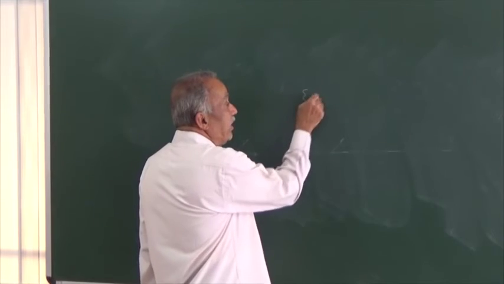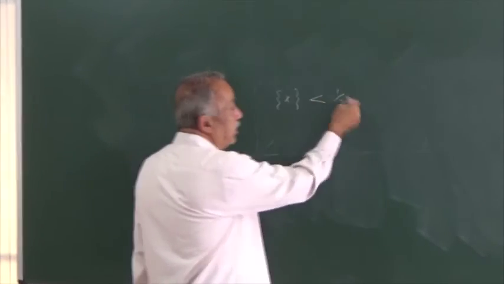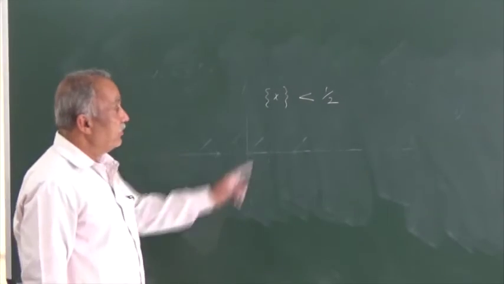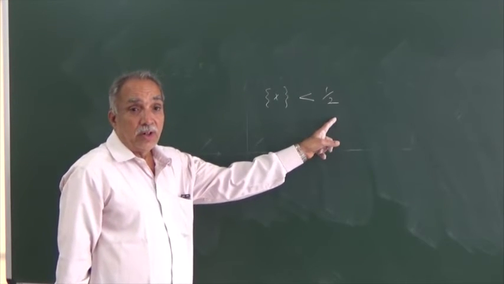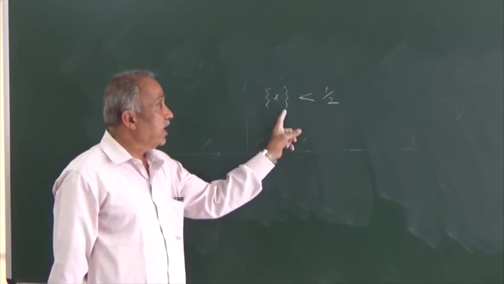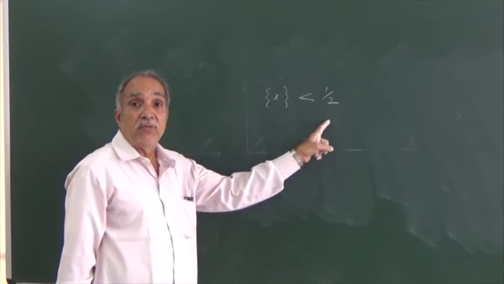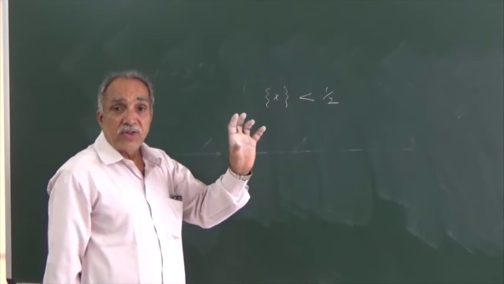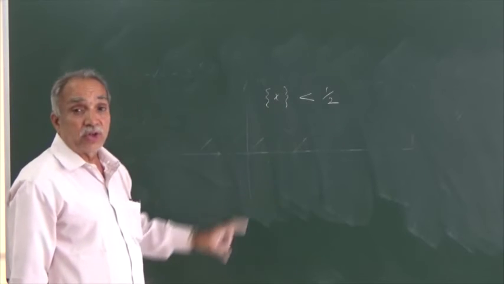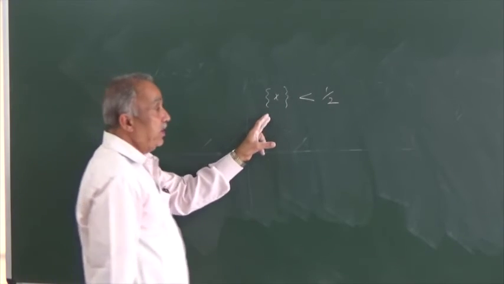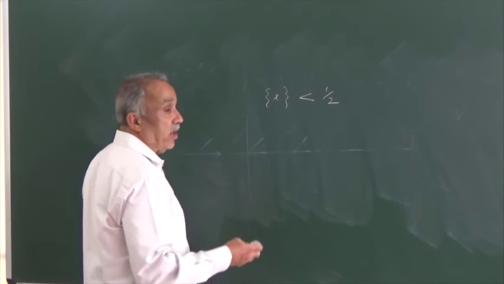What does this inequality mean? Is fractional part x always a number less than half? No. There are many instances where fractional part x will not be less than half. So, only certain select real numbers will satisfy this inequality. What are those real numbers satisfying the inequality fractional part x less than half?